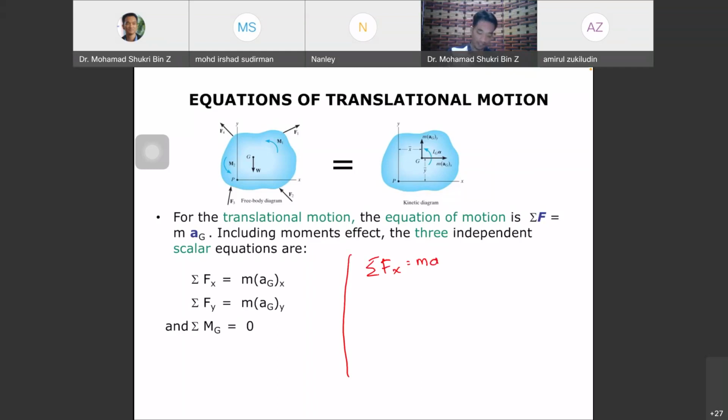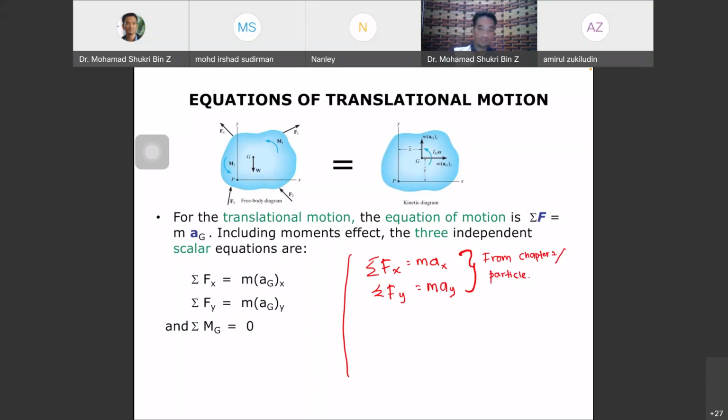Summation of Fy is equals to may. So this one is from chapter 2, particle.